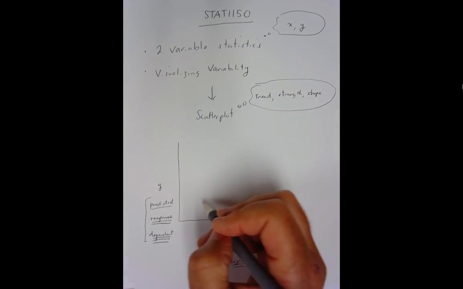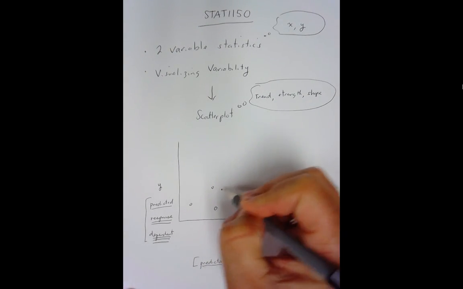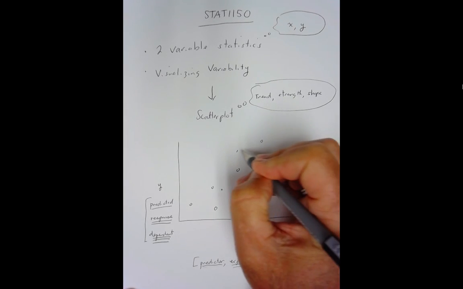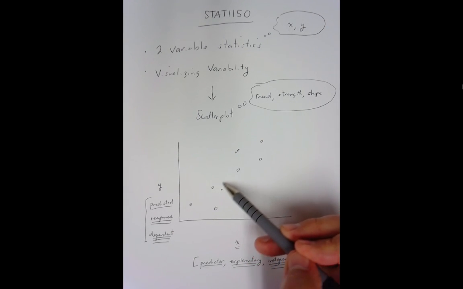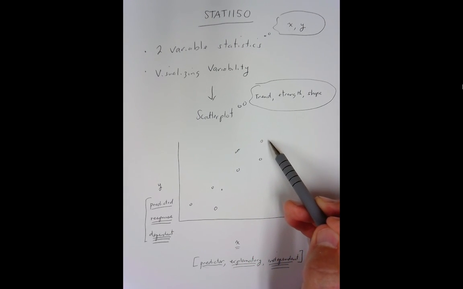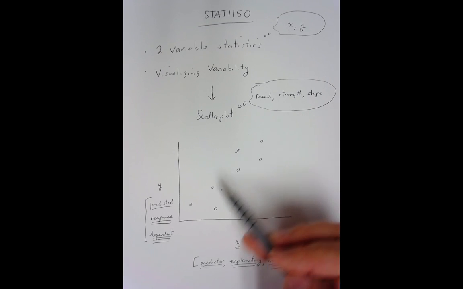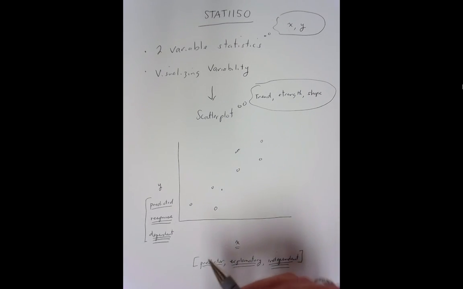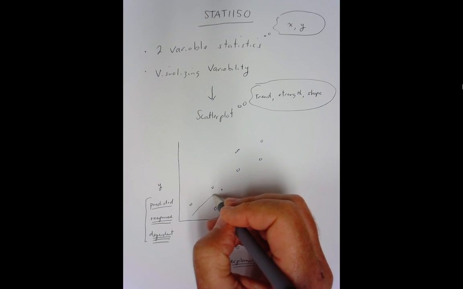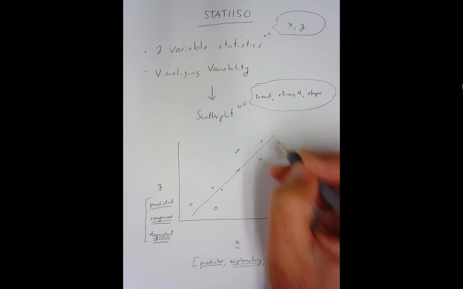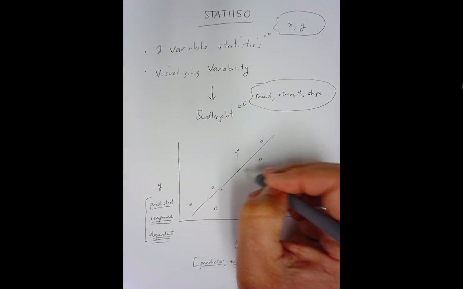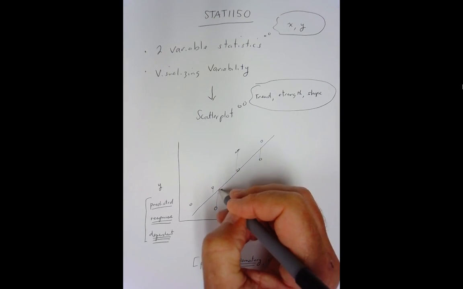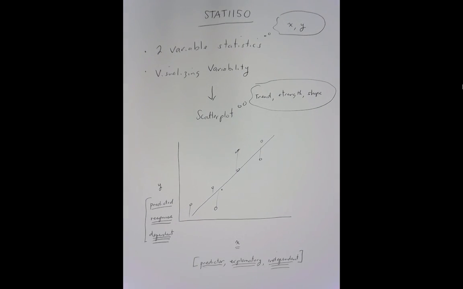So, if I have a relationship between X and Y that looks something like this, the trend would be positive because it has an upward tendency. The strength would be strong because if I visualize a straight line down the central focus of the data that we've plotted, I don't have a lot of vertical variability away from that line.